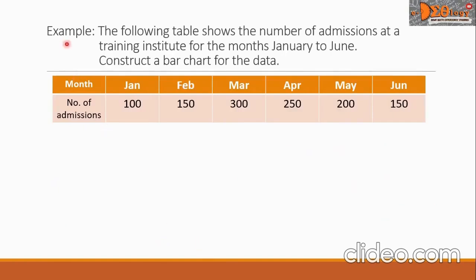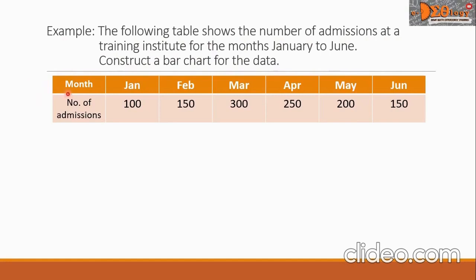Let's have an example. The following table shows the number of admissions at a training institute for the months January to June. Construct a bar chart for the data. We have a table here with 2 rows.